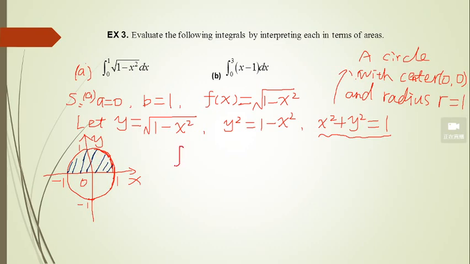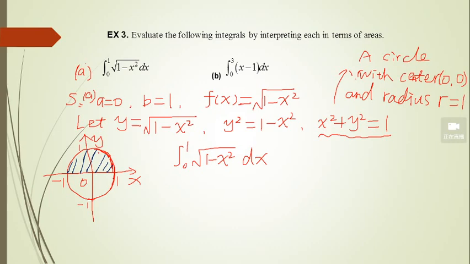Now, how can we understand this definite integral? This one actually means the area of the region from where? From 0 to 1, right?